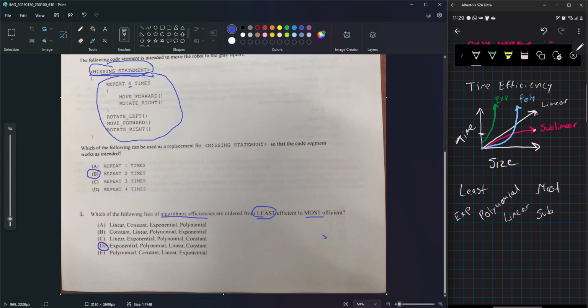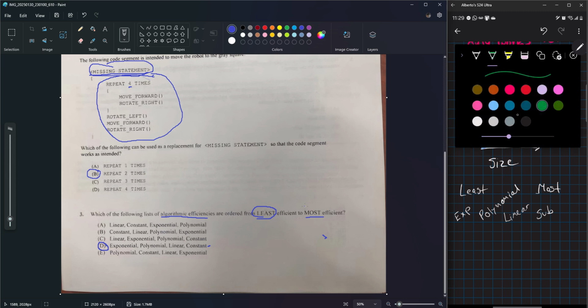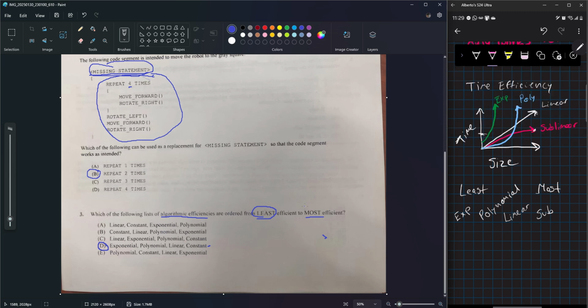Constant. Constant means it takes the same amount of time regardless. So constant would look something like this. So it's just constant.